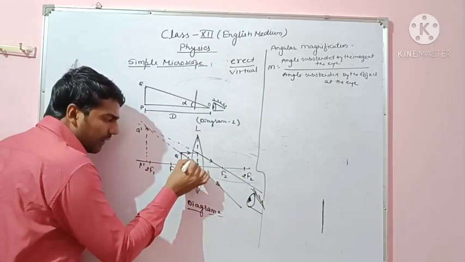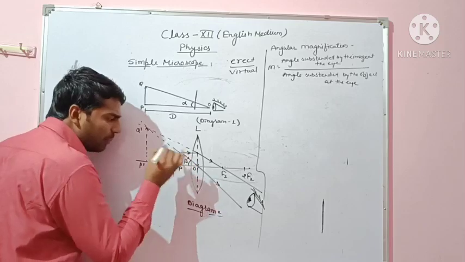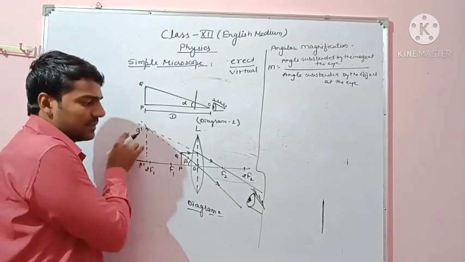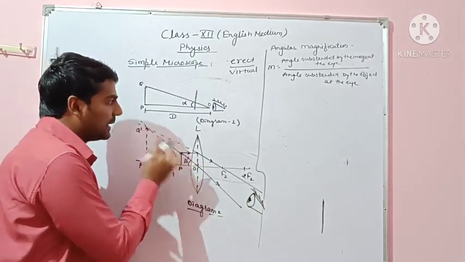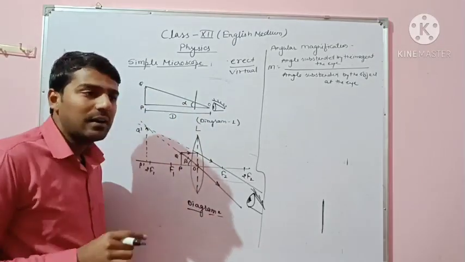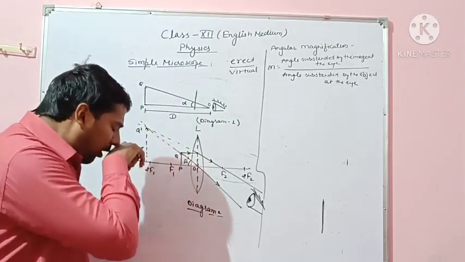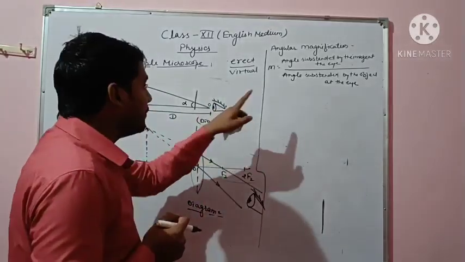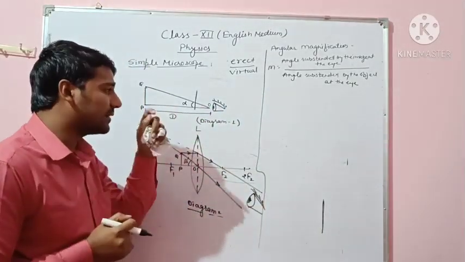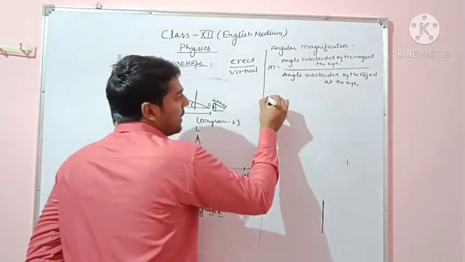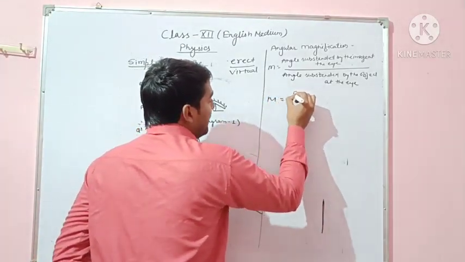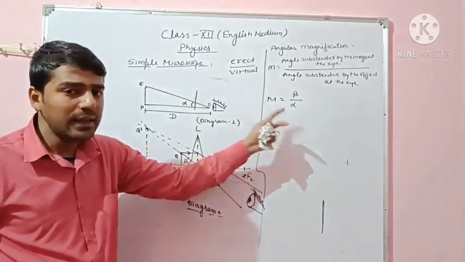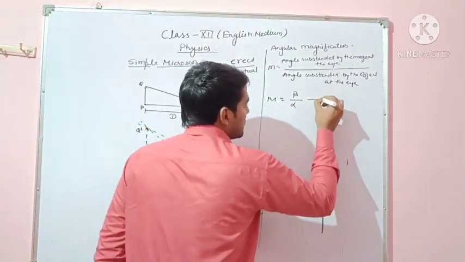So let us consider this is the angle beta, or the angle subtended by the image P dash Q dash at the eye, that is beta, and here the angle alpha is subtended by the object at the eye. So M equals beta upon alpha. Equation number first.